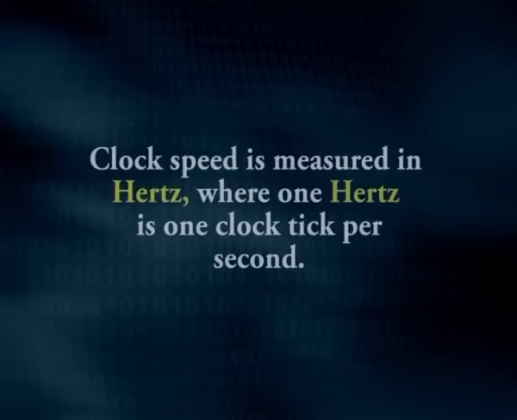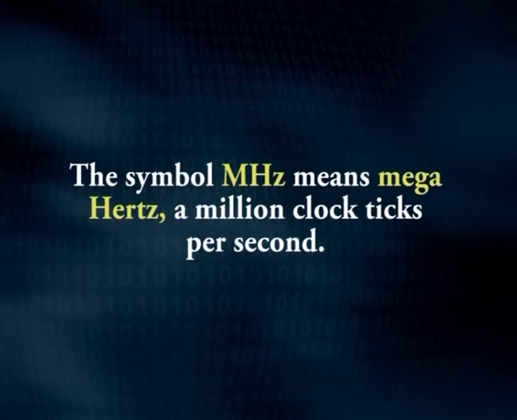Processor chips and the computers that contain them are often described in terms of their clock speed. Clock speed is measured in hertz, where 1 hertz is 1 clock tick per second. The symbol MHz means megahertz, a million clock ticks per second.